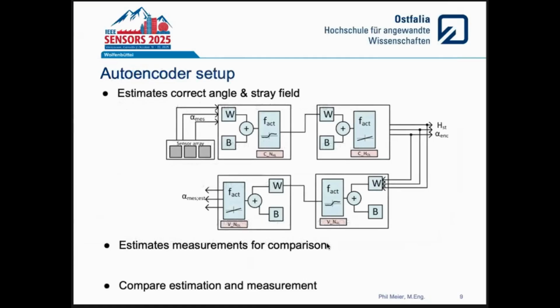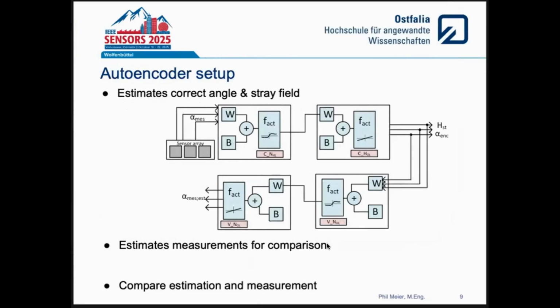So the whole setup you can see here: on the upper side, we have the first network, the correction network. It gets the data from the sensor array. The network is trained, and the output is the corrected encoder angle and the stray parameters, which is the actual measurement we want to use.